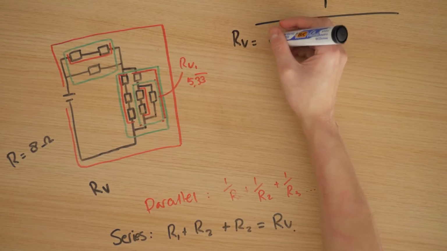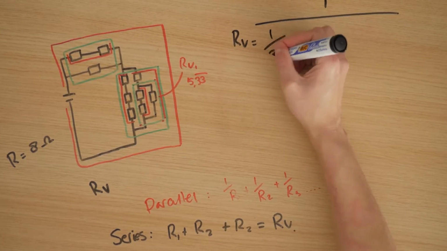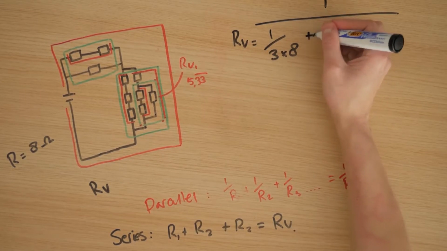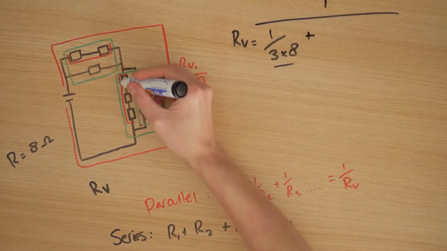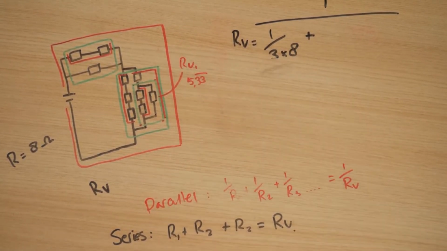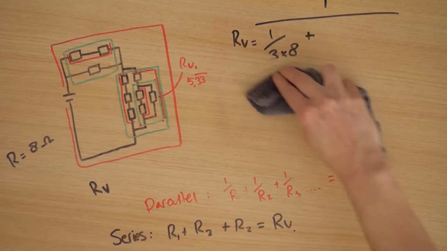We have 3 times 8. 1 over 3 times 8. And that's these boys. Oh, he really doesn't like that, huh? Yeesh. Shouldn't write too much on this.